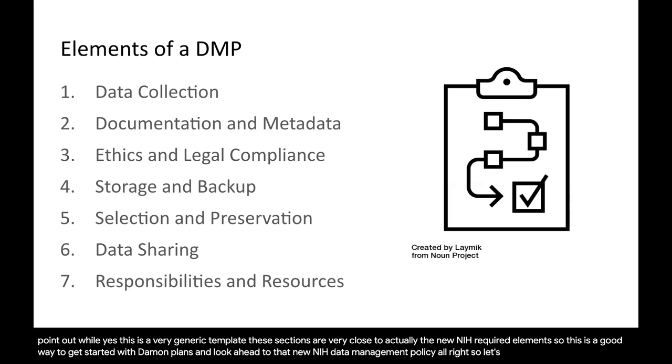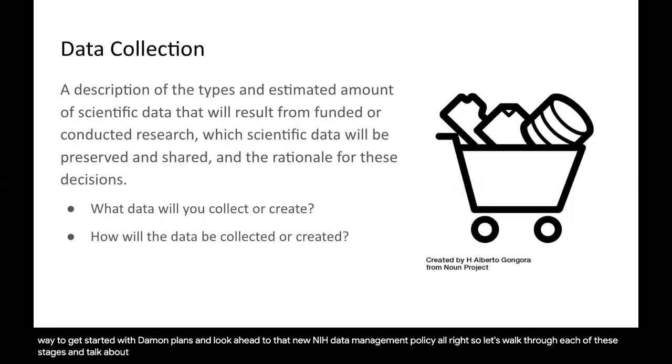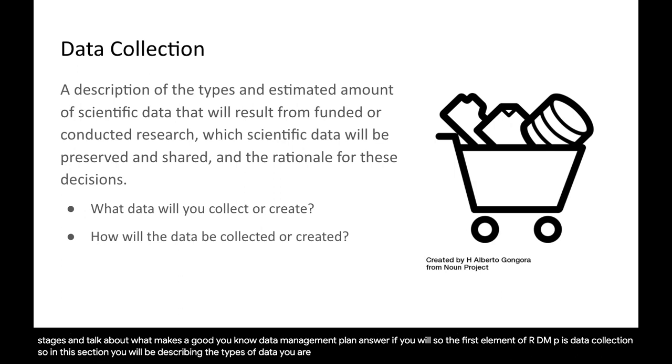All right, so let's walk through each of these stages and talk about what makes a good data management plan answer, if you will. So the first element of our DMP is data collection. In this section, you will be describing the types of data you are collecting and how it will be collected.